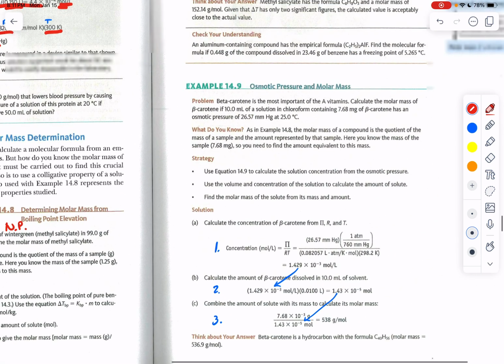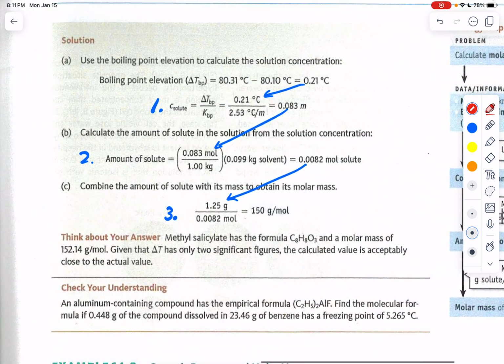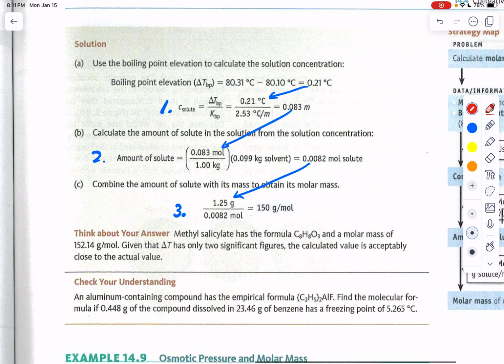And when we go to solve the problem, I call this a 3M problem, because you're going to find, first of all, your molality. And once you find your molality, then you can plug that in over here.